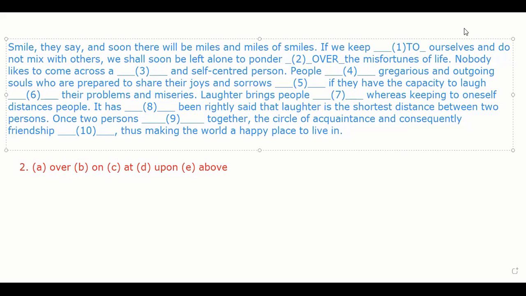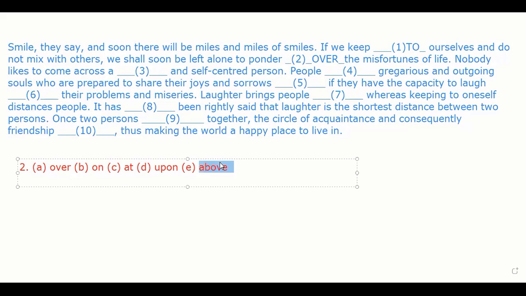Question number 3. Options are here. Sad, serious, glum, selfish, resent. I'll read again. If we keep to ourselves and do not mix with others, we shall soon be left alone to ponder over the misfortune of life. Nobody likes to come across a dash and self-centered person.